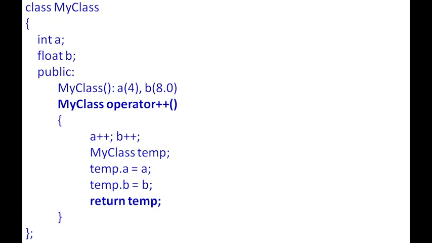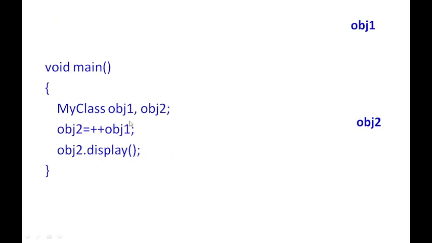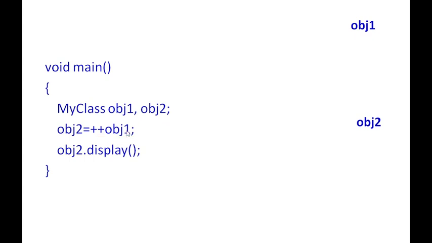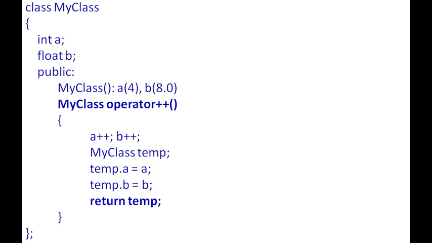Now what will happen is that obj2 equal to obj plus obj1 will result in invoking of that function, and subsequently the values will be accessed here.